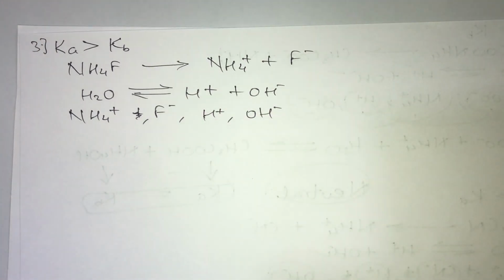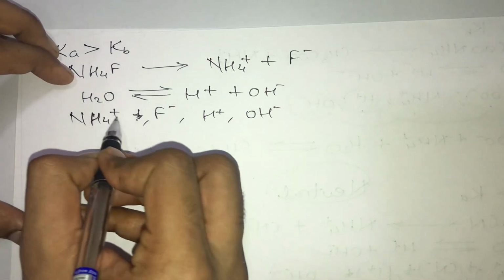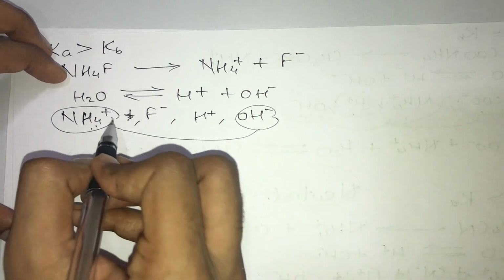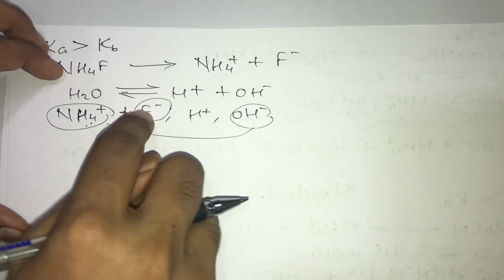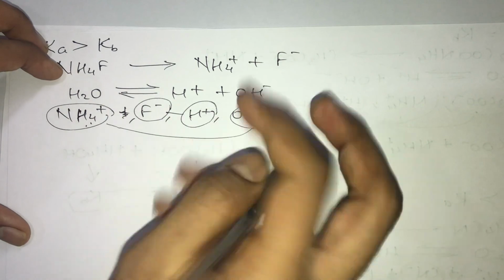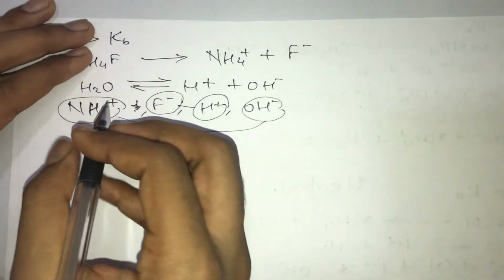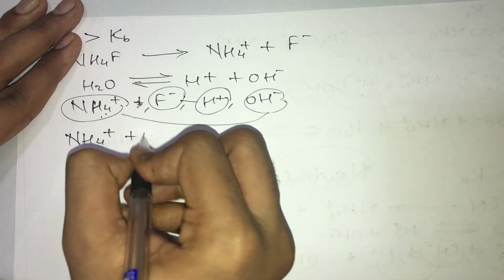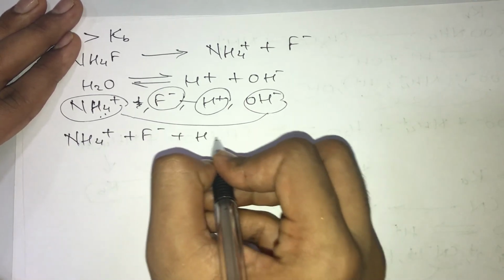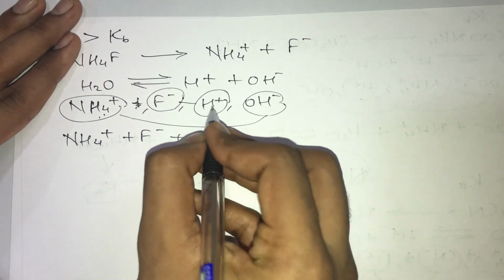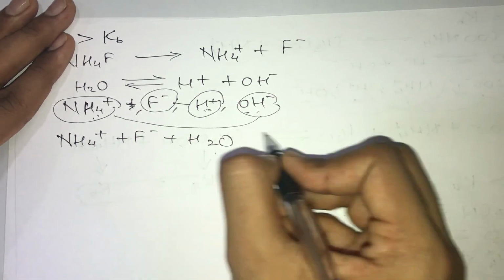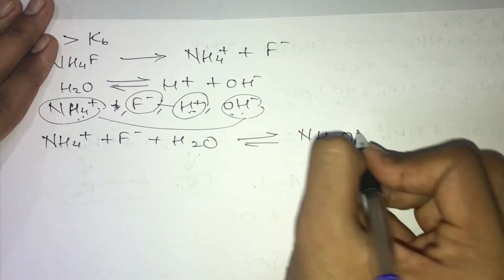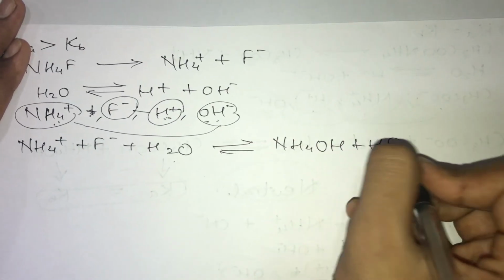What is going to happen over here is that this positively charged NH4 plus will react with negatively charged OH minus. This negatively charged F minus will react with positively charged H plus, and your reaction will be NH4 plus reacting with F minus plus H2O. These both are ions of H2O, giving us NH4OH plus HF.